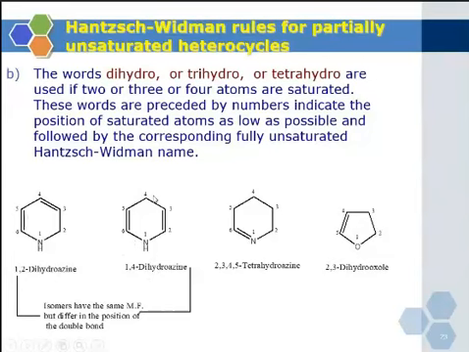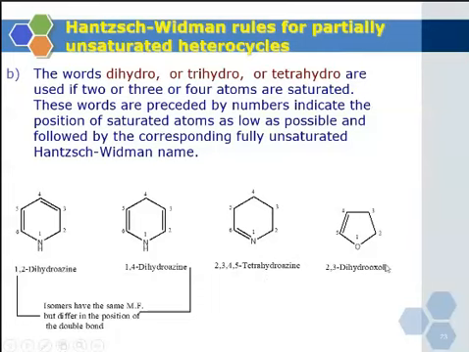Here we can see position numbers 1 and 4 are saturated, hence 1,4-dihydroazine. Here we can see position numbers 2, 3, 4, 5 are all saturated. Hence the name 2,3,4,5-tetrahydroazine.